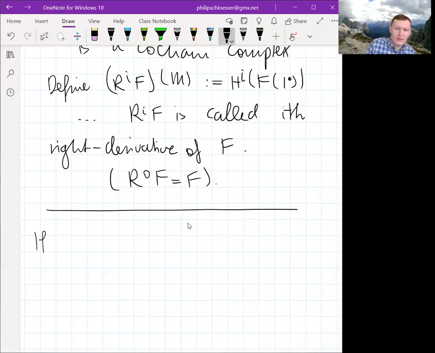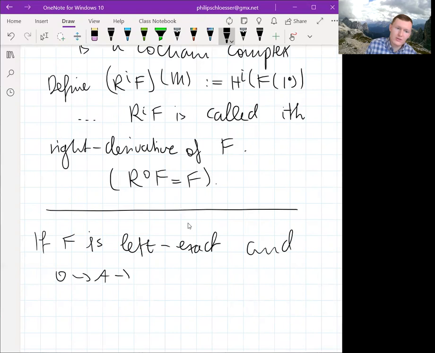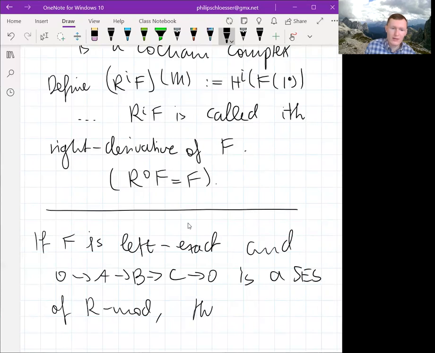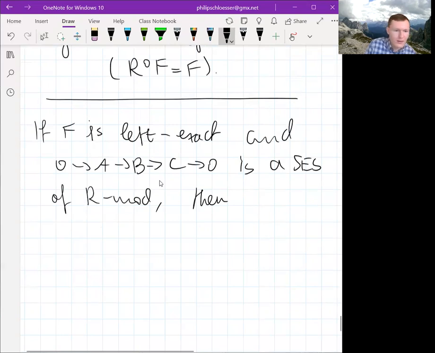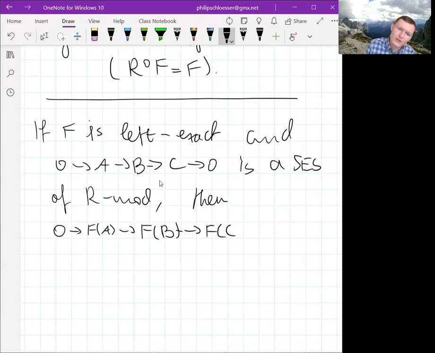So if F is left exact, and 0 to A to B to C to 0 is a short exact sequence of modules, then we know that the sequence 0 to FA to FB to FC to 0 isn't necessarily exact.